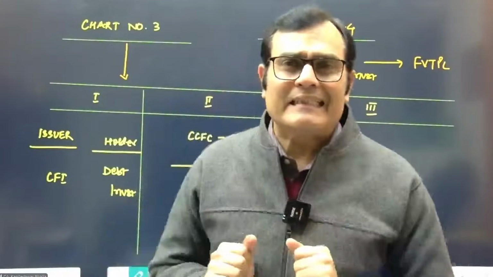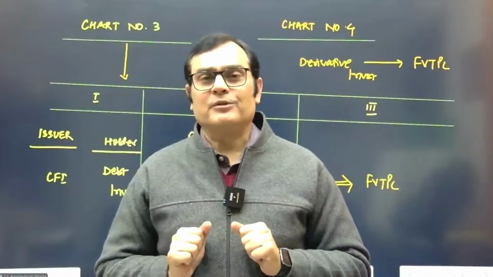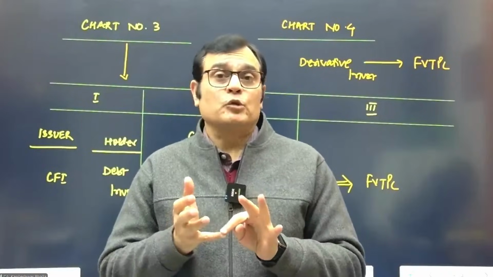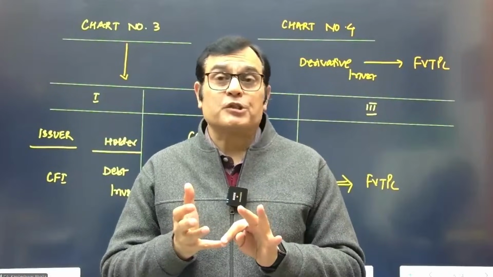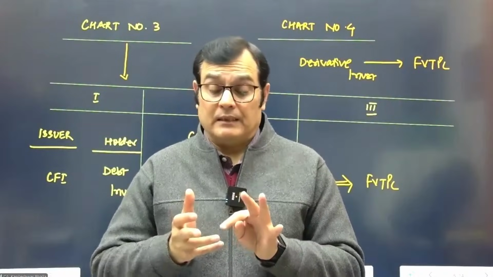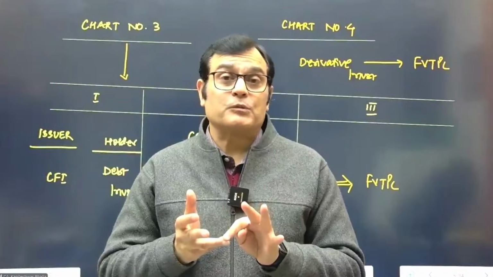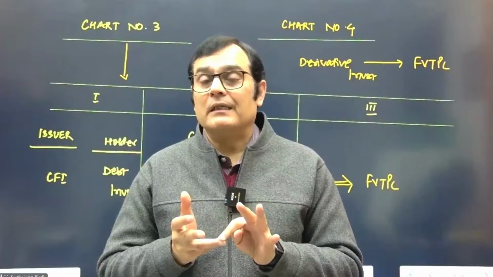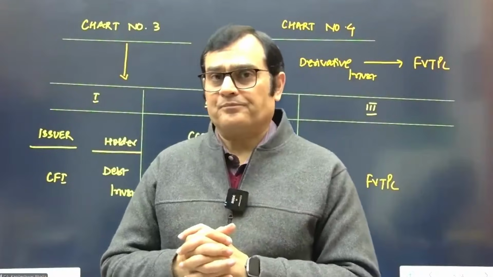So leaving the derivative part, there are 2 categories of equity investments: OCI, that is NR, and PNL. And 3 categories of debt investments: AC, PNL, as well as OCI-R.